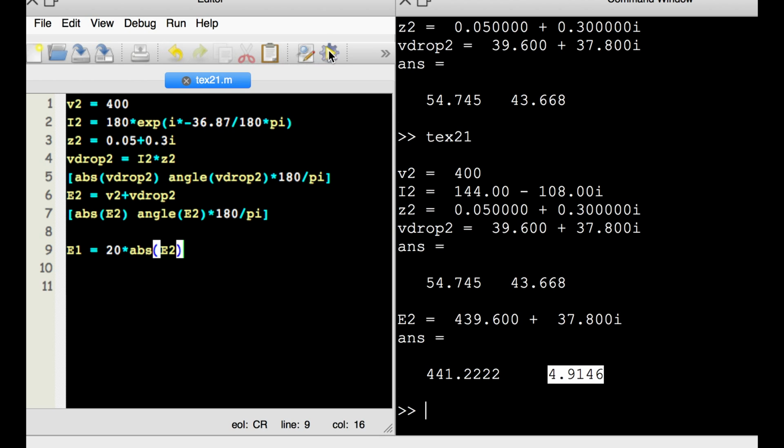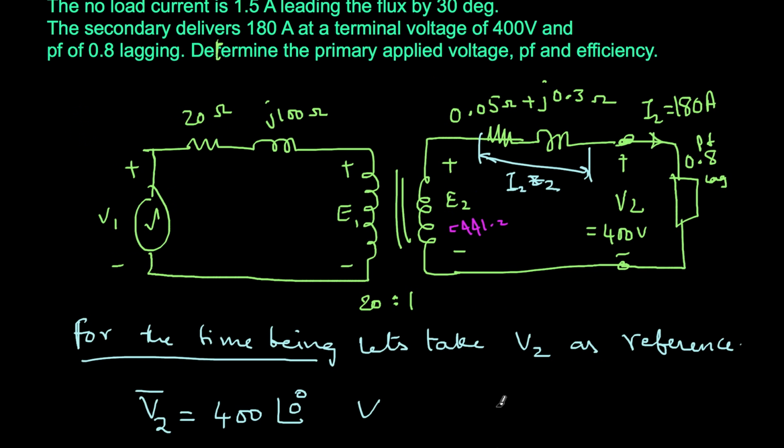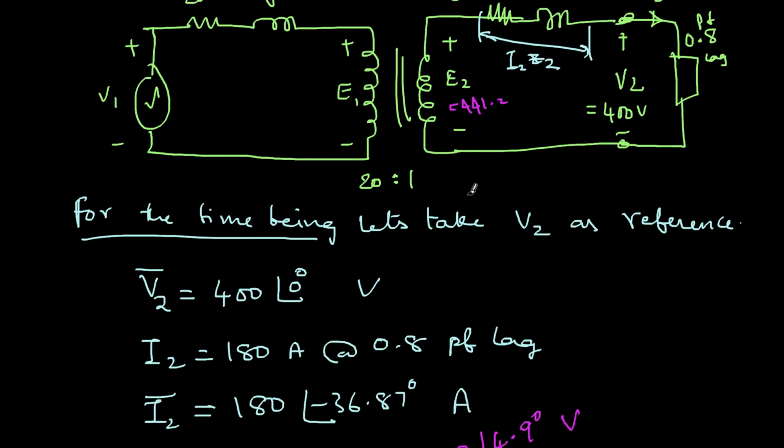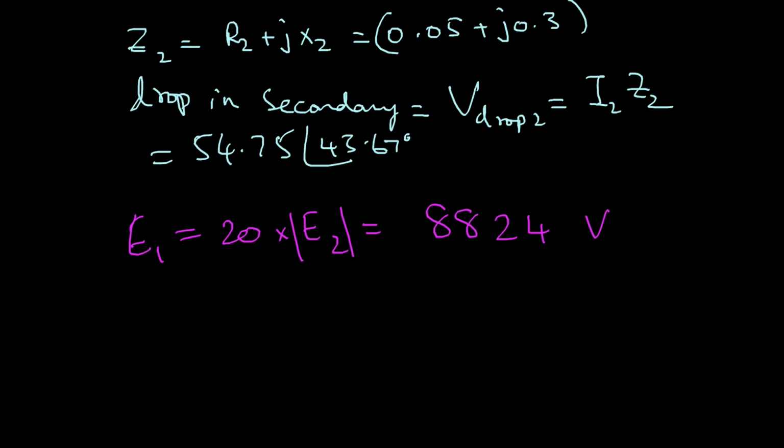Now when I do that, I'm getting 8824.4. I'll just ignore this 0.4 and take 8824. So E1 is 20 into the magnitude of E2, again 8824 volts.